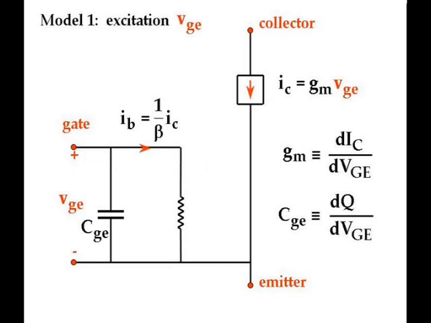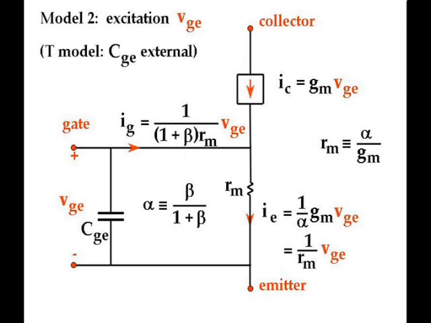In this one, VGE, V gate to emitter, is considered the controlling signal. So the current generator is a transconductance generator. In this one, I've reflected that base resistance, or the gate resistance, I should say, into the emitter leg.